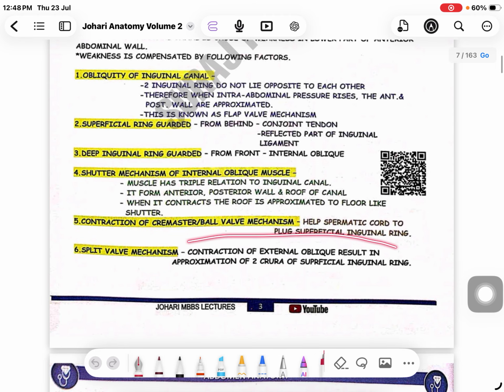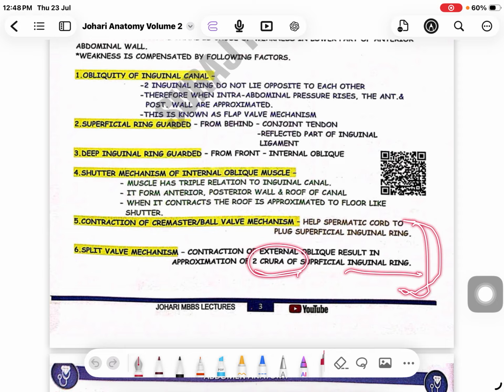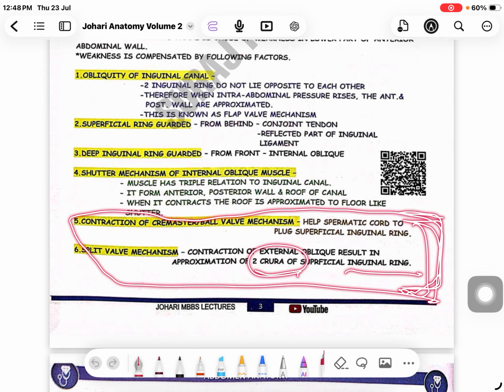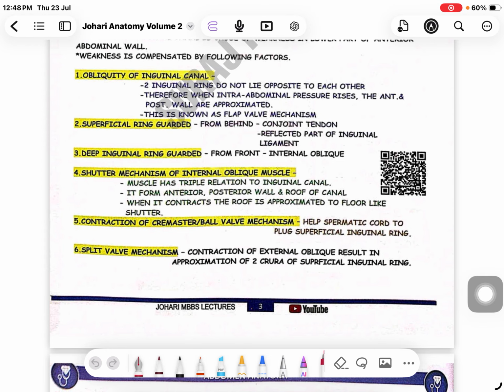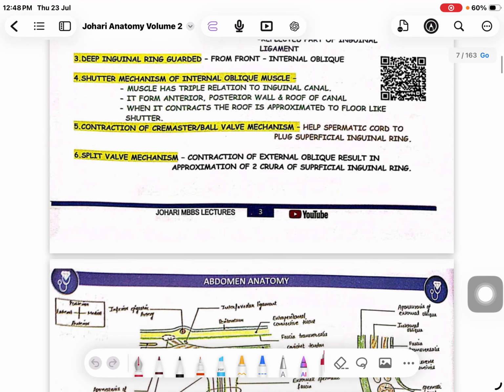Contraction of the external oblique results in approximation of two crura. Ball wall is for the cremaster and the superficial inguinal ring, and the split wall mechanism is for the two crura of the superficial ring. So mainly the superficial inguinal ring is guarded here. This is all about the superficial inguinal ring and deep inguinal ring.